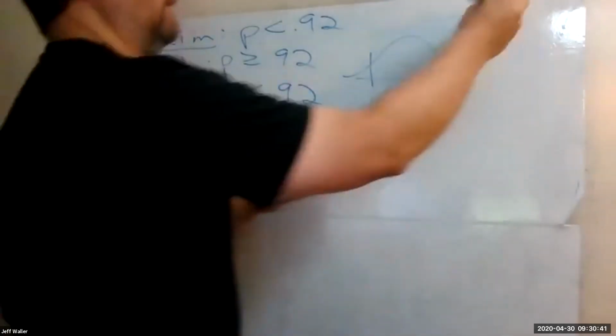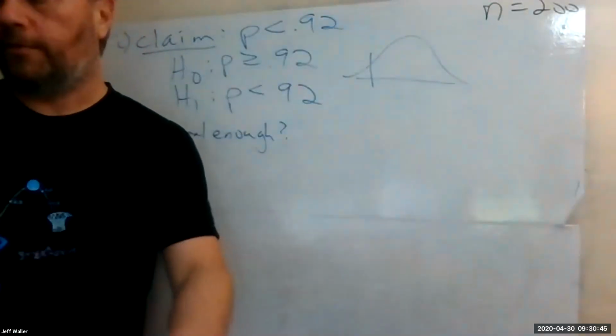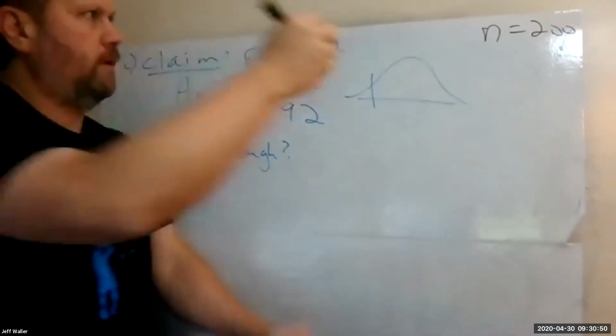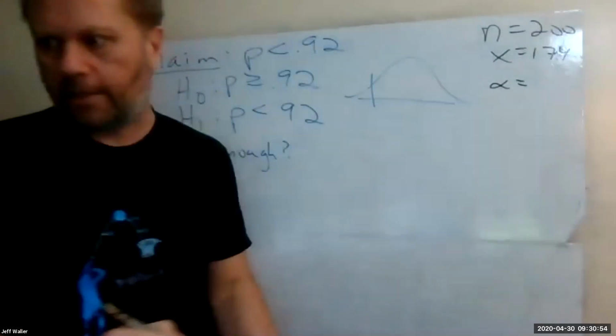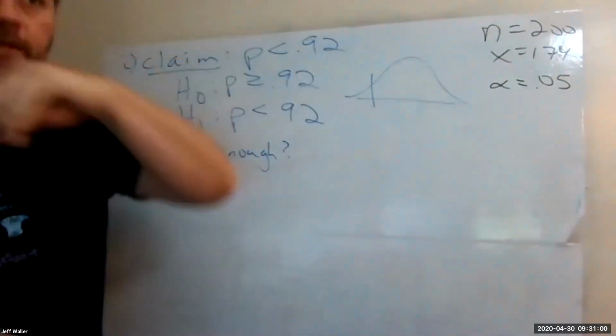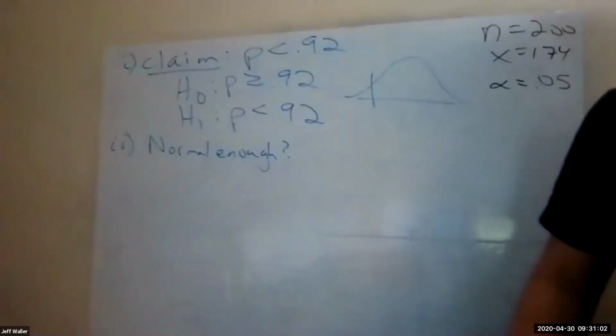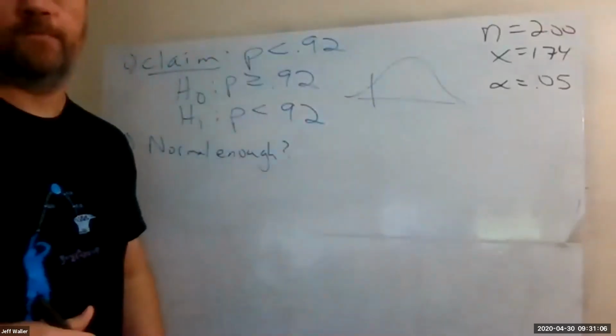Just to remind you guys, N was 200, right? You put a few facts up there. N is 200. X is 174. And eventually we need to know alpha was 5%. And of course, that's right where the glare is.